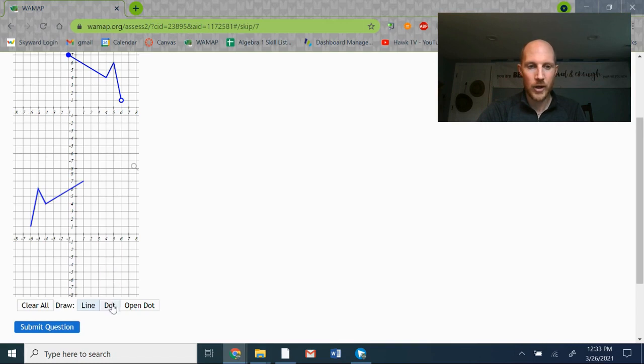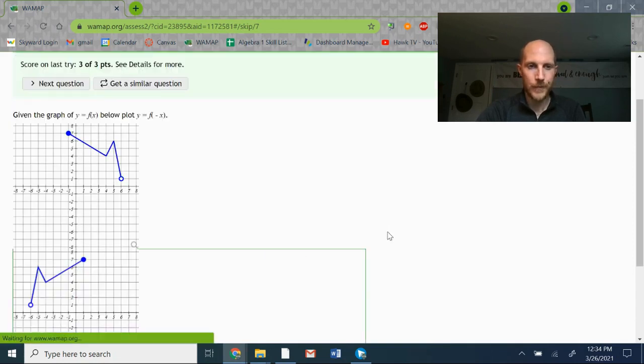So I need to draw a closed dot and put that here at the +1, 7. And then at the other end at 6, 1 in the original graph, or -6, 1, is an open dot. So I could click open dot and it will draw that for me. Hooray!